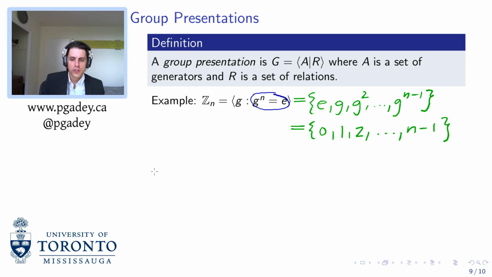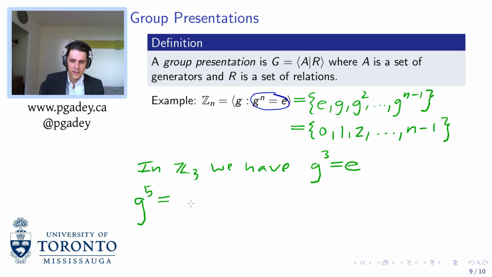Right, so let's suppose that we're in Z3. In Z3, we have the relationship that G to the 3 is the identity. So we can calculate something like G to the 5 as being G to the 3 times G squared, which will be the identity times G squared.